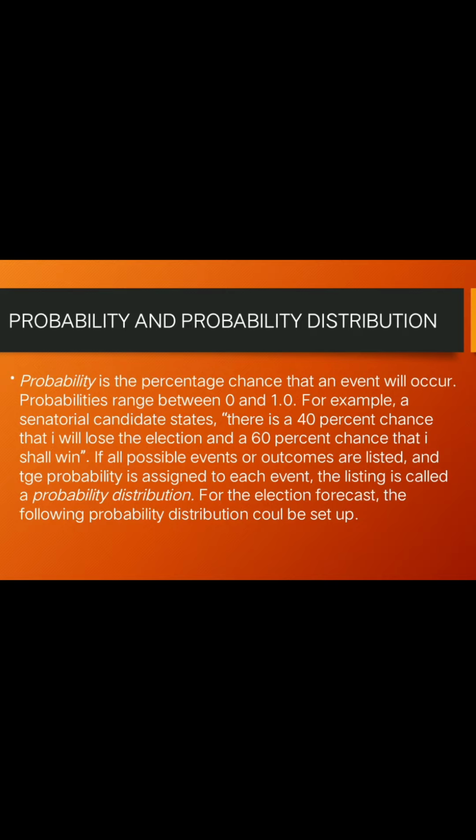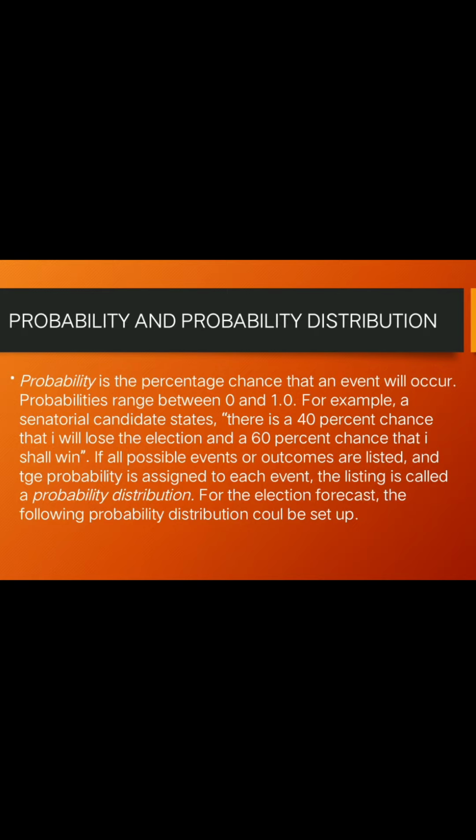If all possible events or outcomes are listed and the probabilities assigned to each event, the listing is called a probability distribution. In this example, the election forecast, the following probability distribution could be set up.